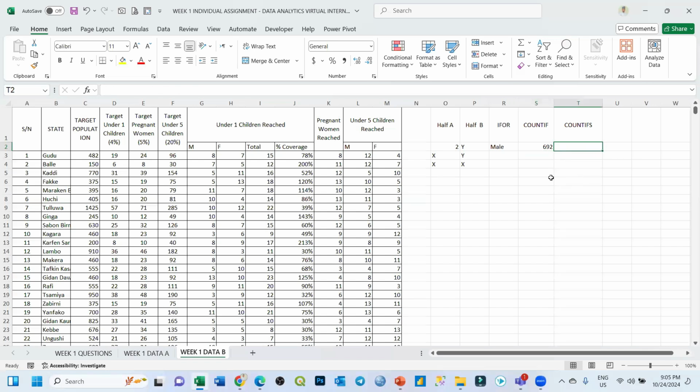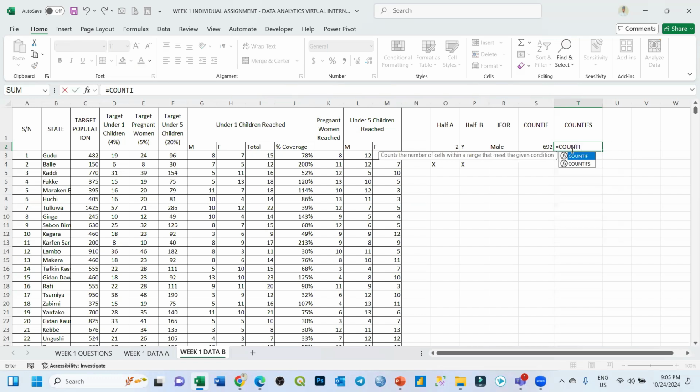So the next scenario that I gave is states with more than 300 and also with more than 75% coverage. So that brings us to this COUNTIFS. So for the COUNTIFS, we have more than one criteria. So we are going to say COUNTIFS with S, open bracket.